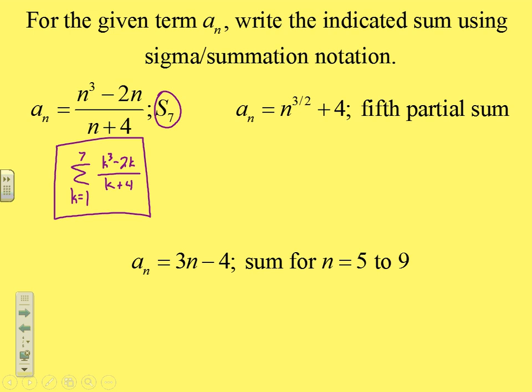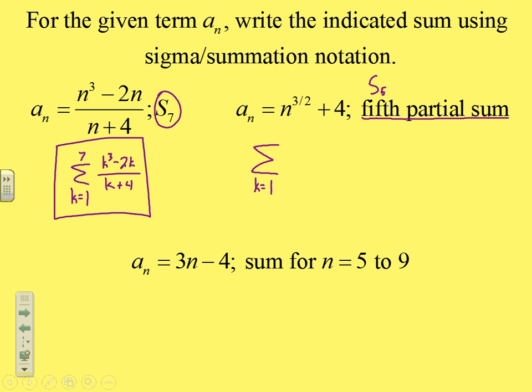Now the next example is asking you to do the same thing, but they're trying to make you question yourself, what does it mean when it says the fifth partial sum? Well, that would be the same thing as saying S sub 5, meaning we're going to take the first 5 terms and add them together. So using my sigma notation, I'll use k again.